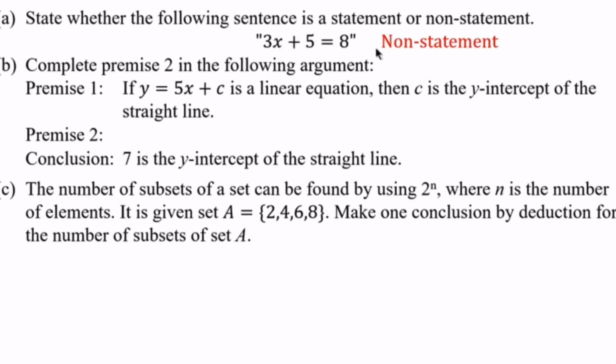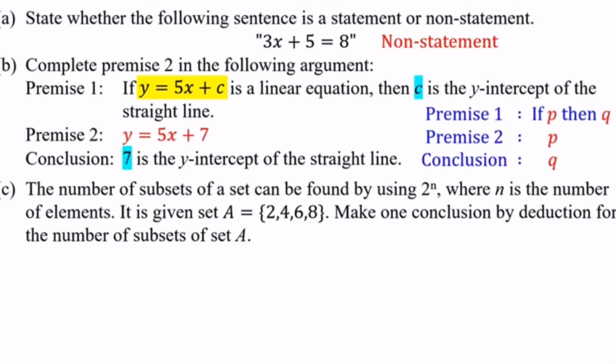Okay, for B, complete the premise 2 in the following argument. For argument, we have 3 types. This belongs to the type which is if P then Q, P is true, then Q is true.